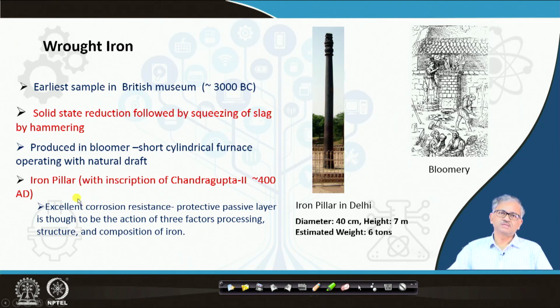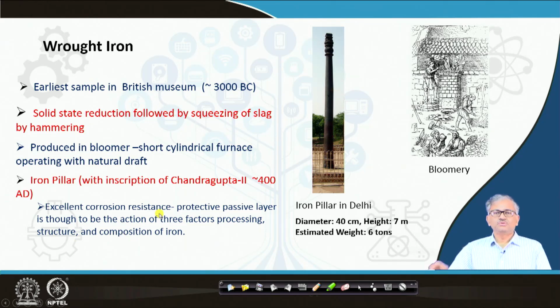Excellent corrosion resistance, and a lot of research has gone into it. They found there is a very passive protective layer over the surface that restricts it from atmospheric oxidation. It may be due to the art of processing, and they found three factors: the processing, structure and the composition of the iron.